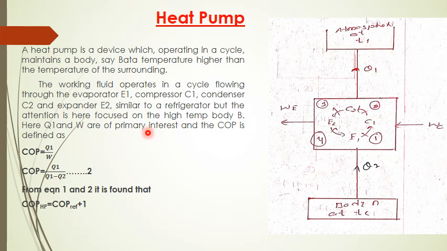In a refrigerator, Q2 and W are of primary interest; in the heat pump, Q1 and net work are.